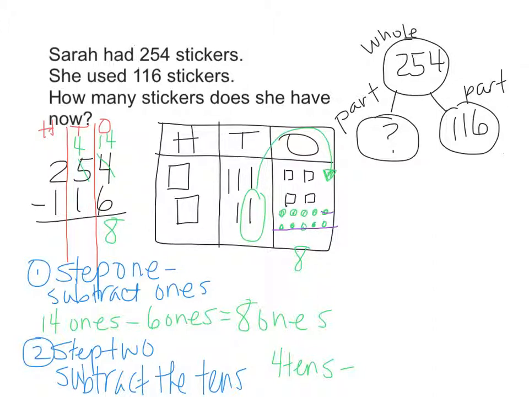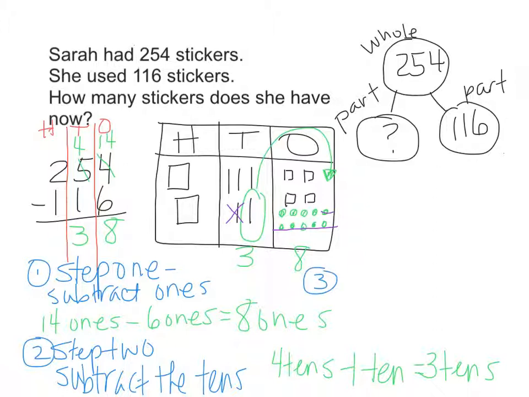Yes, we have enough to take 1 10 away. Let's go ahead and do that. Take away that 1 10. That's gone. Now, how many 10s were left over? Well, let's see. 2 and 1 more is 3, so we have 3 10s left. And we'll write that on there. Now we have 3 10s left over.